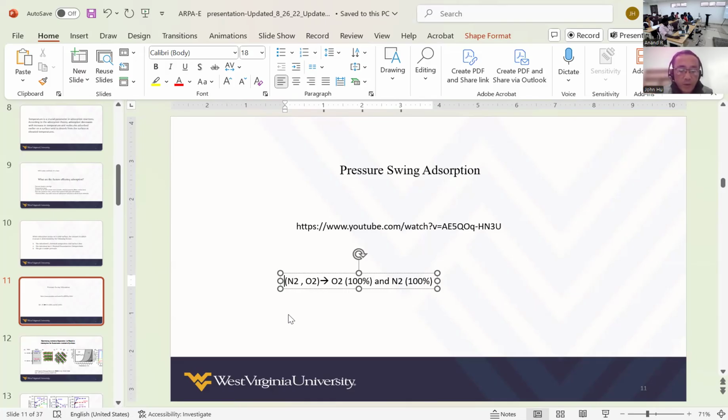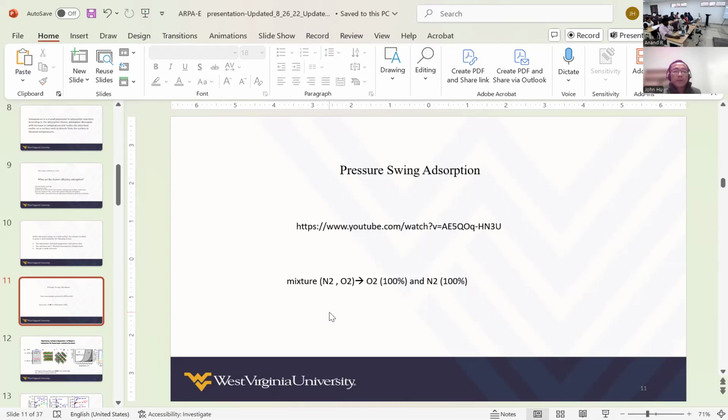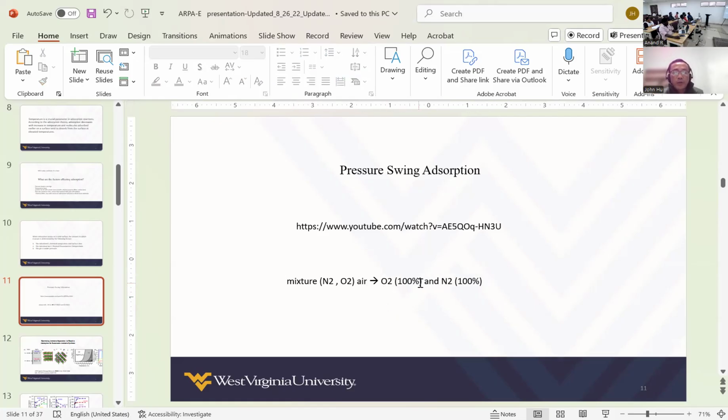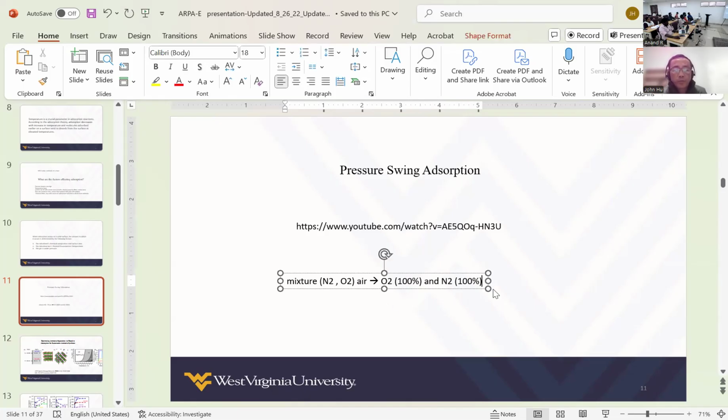The case I want to mention is the technical challenge, okay? From the mixture of N2 and O2, which is air, you wish you have 100% N2, and I'm talking about pressure swing 100% N2. Can you achieve that? That's my question.